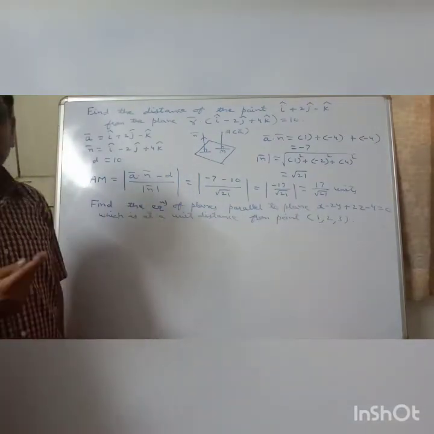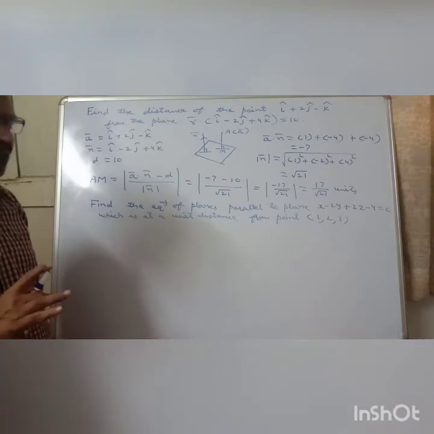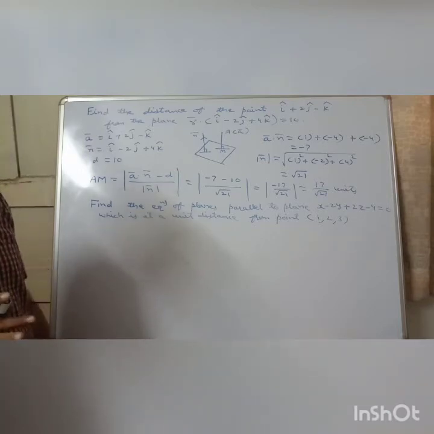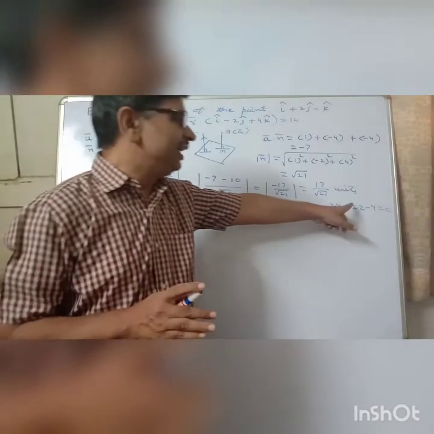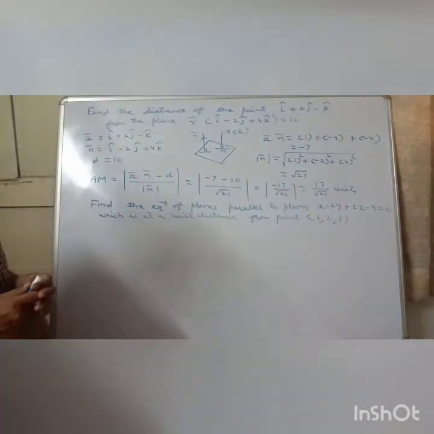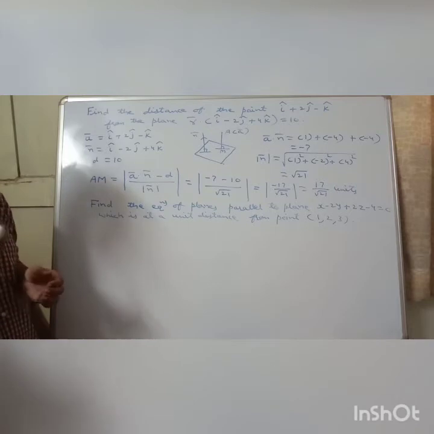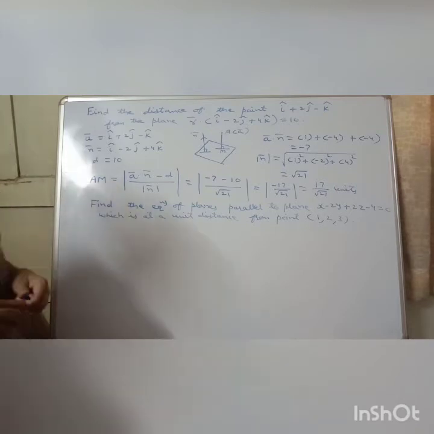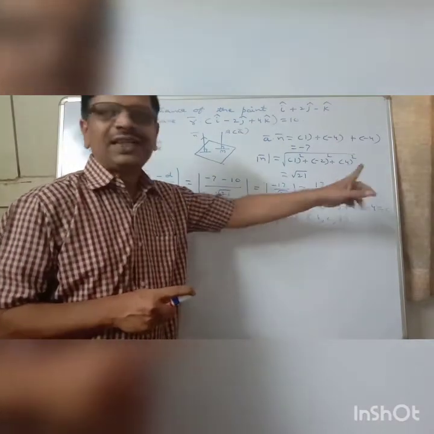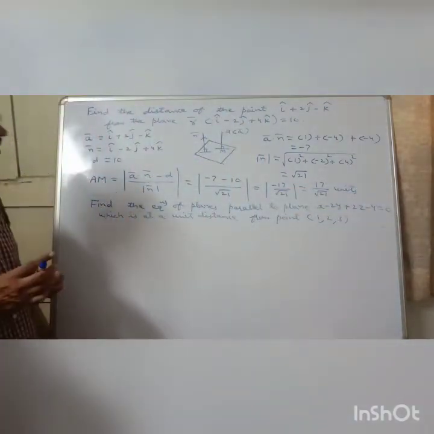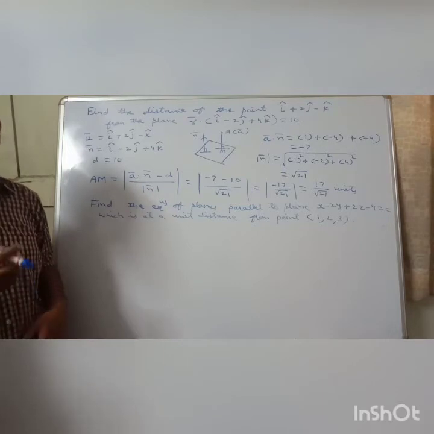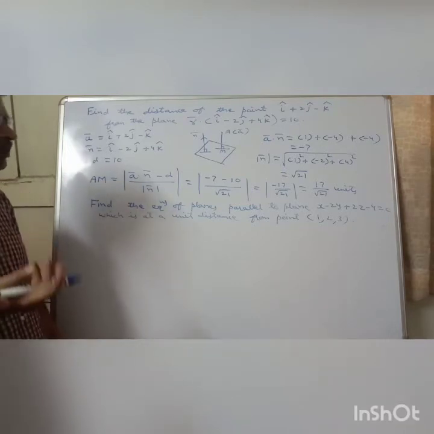In which form we have to find equation of plane is not given. But given equation of plane is in Cartesian form, so we shall find required equations of planes also in Cartesian form. In equation of plane, coefficients of x, y, z are the direction ratios of normal to the plane.